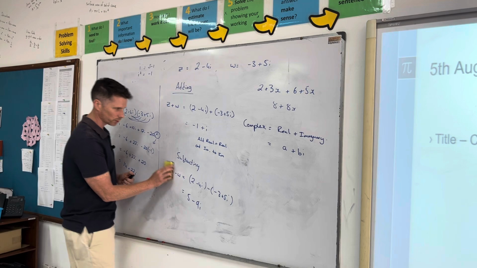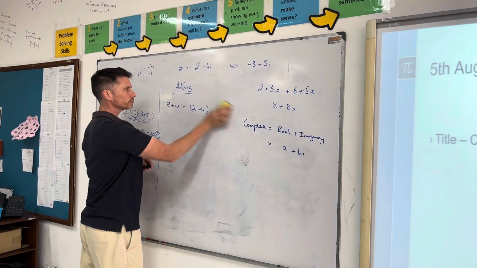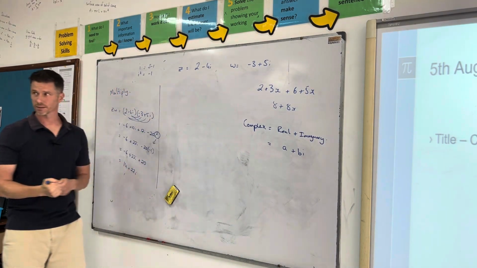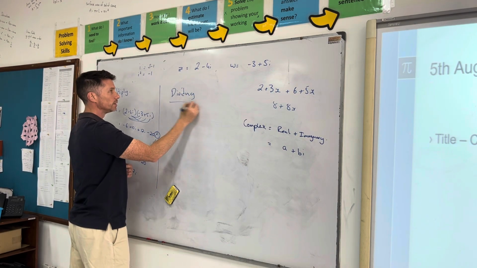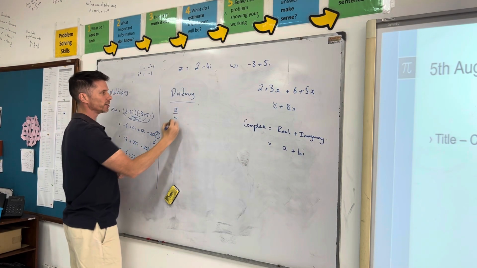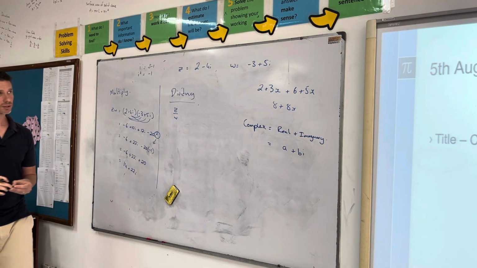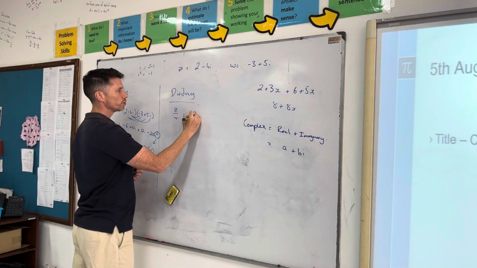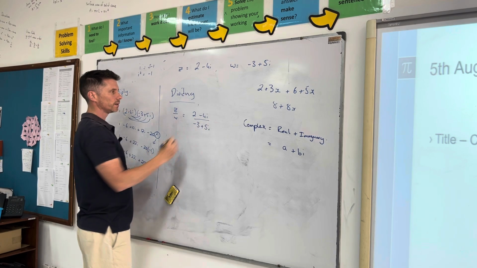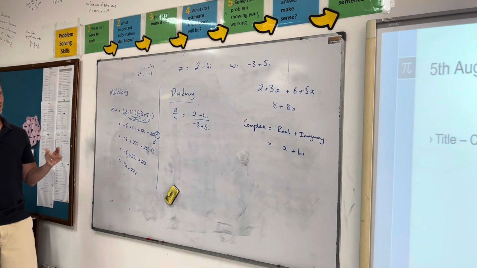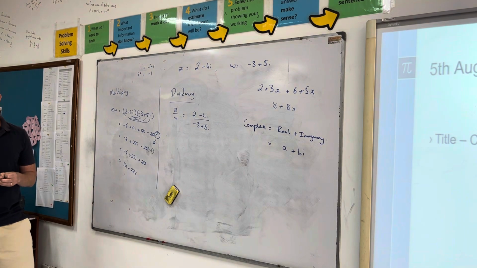Okay, and the last one. Dividing. So if I have z divided by w, or form a quotient, 2 minus 4i over minus 3 plus 5i. How do I do that? How would I divide that into that?